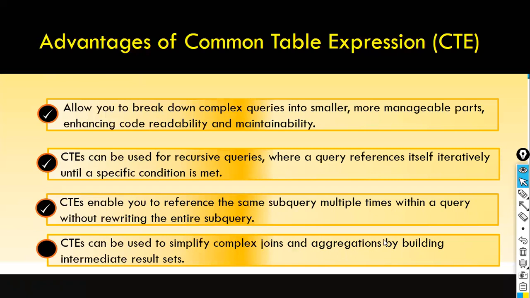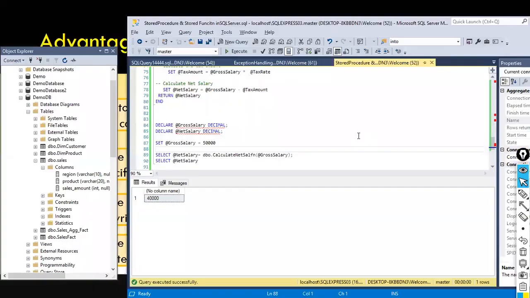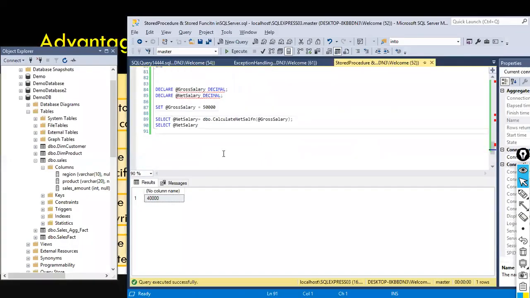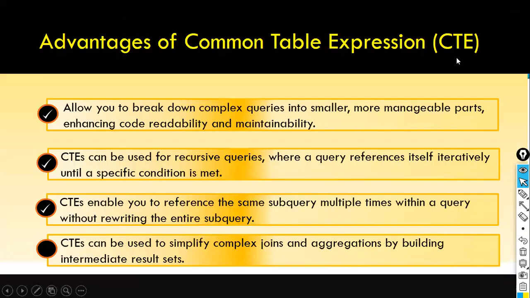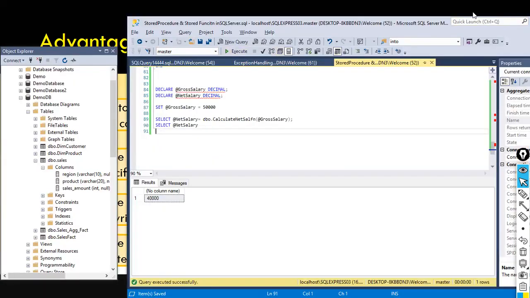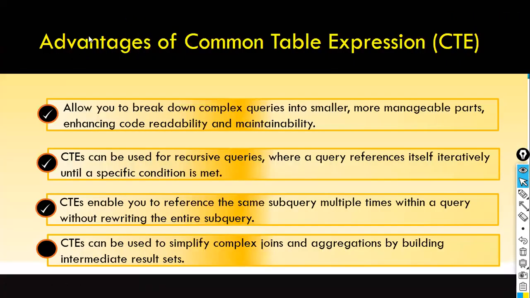It can be used to simplify complex joins and aggregation by building intermediate results. Instead of having everything in a single query, you can have it in multiple chunks so that you can break down your complex business logic into smaller chunks.